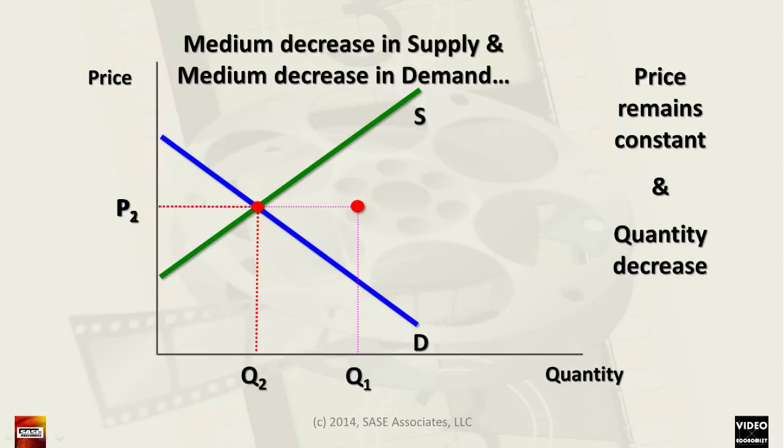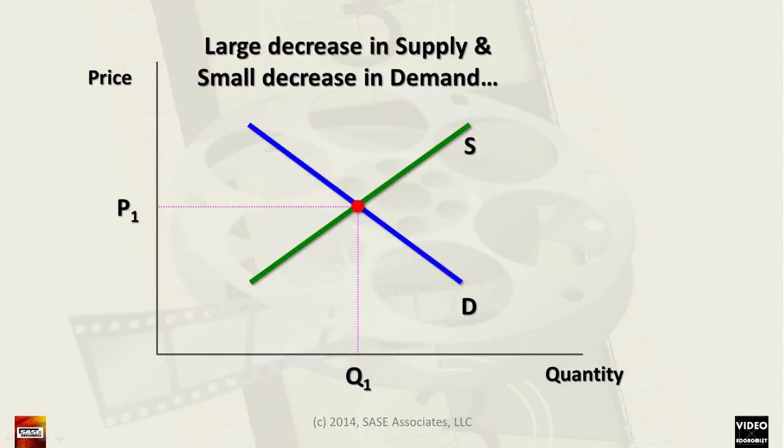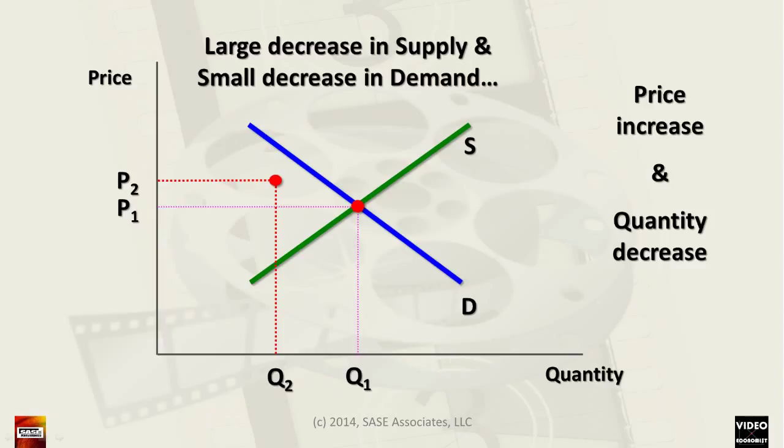The net result is a decrease in equilibrium quantity accompanied by an equilibrium price that remains constant. In our second example, we consider a large decrease in supply along with a small decrease in demand.